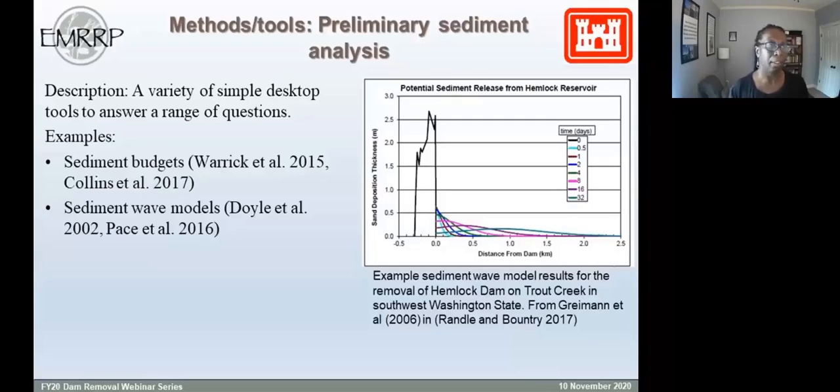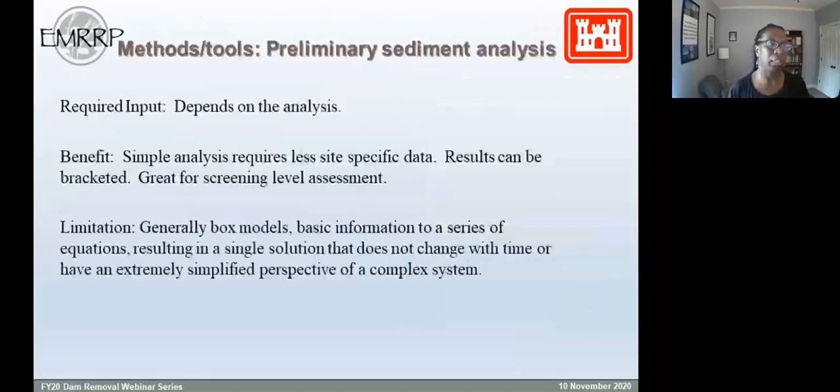They're just saying that this is not a 2D model, so you're not going to get a lot of resolution, but this type of information would be extremely useful, especially at the screening level of the dam removal process.